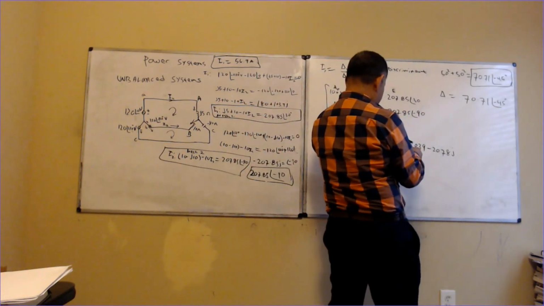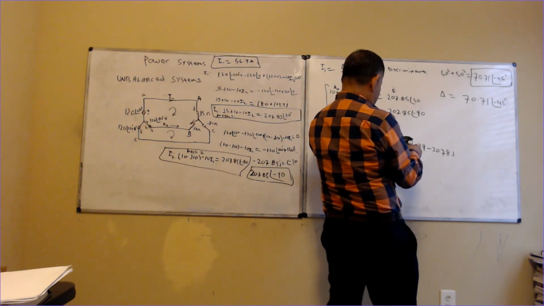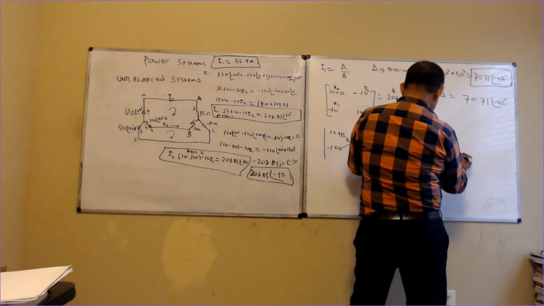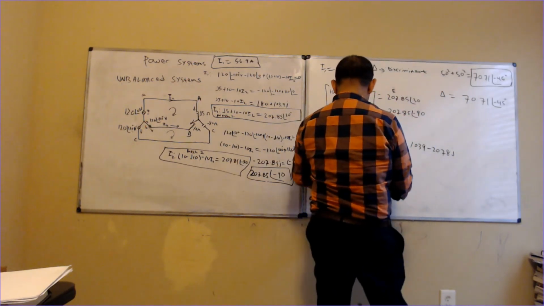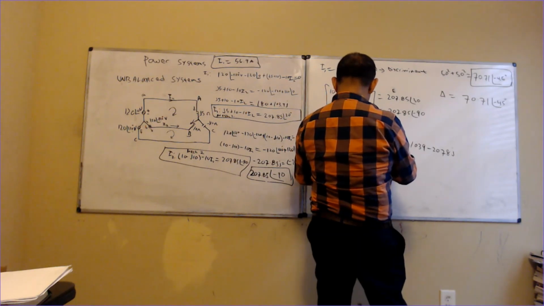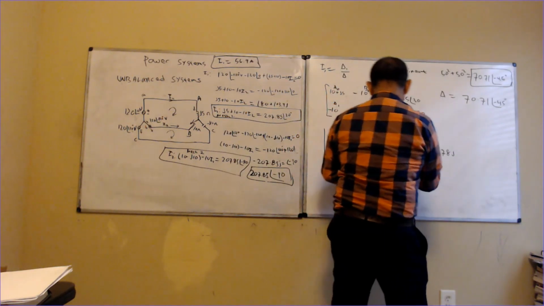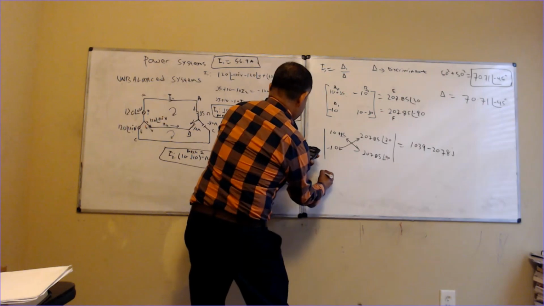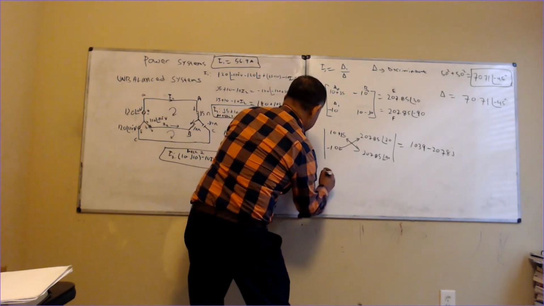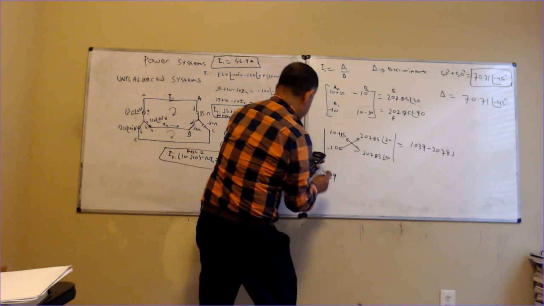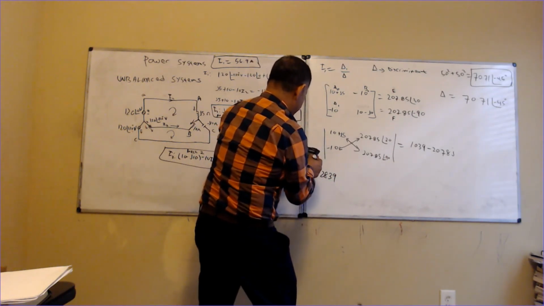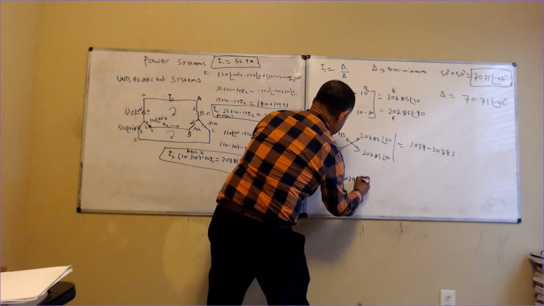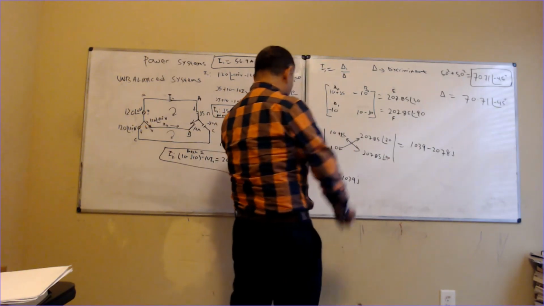Let me just go step by step. But in the whole thing, I get 2839, skipping the decimal again, and minus 1039j. Okay, that's in total, right?